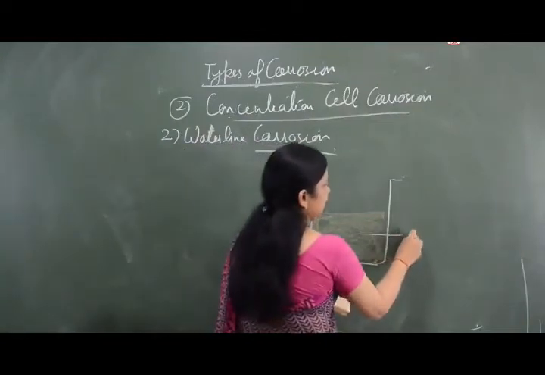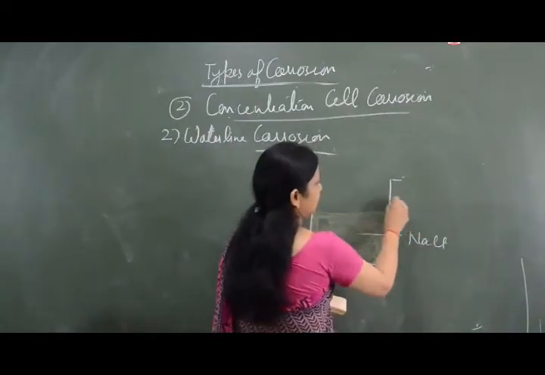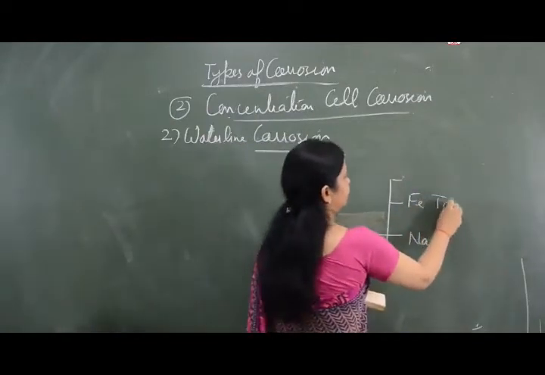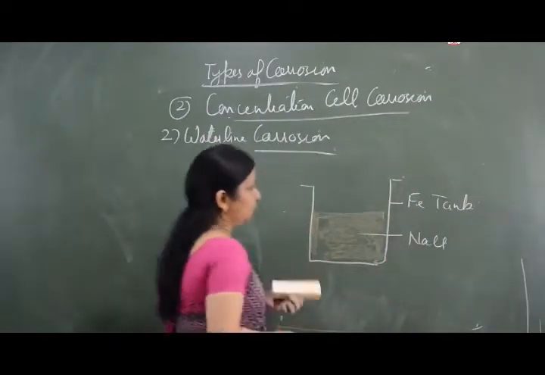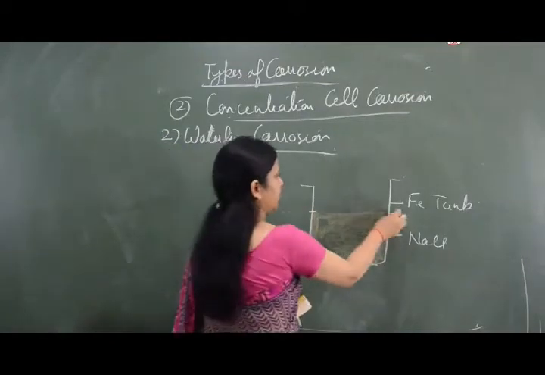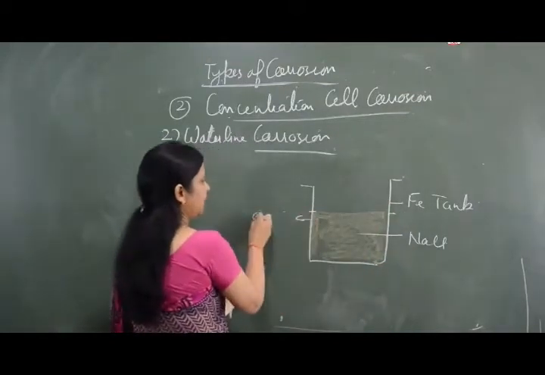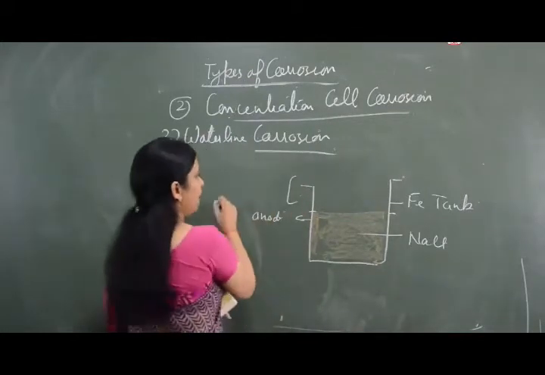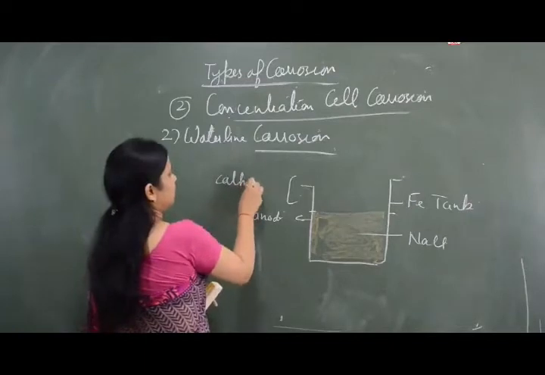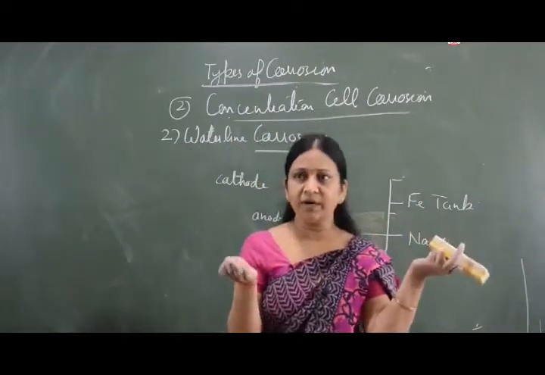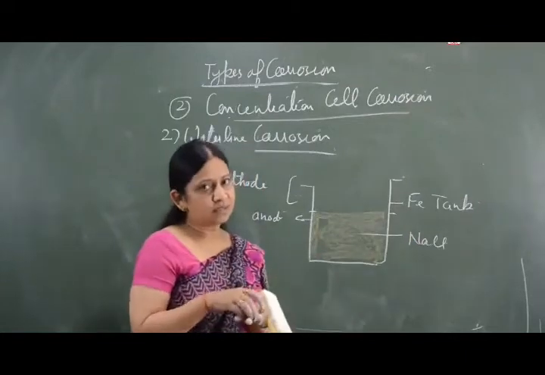So this is electrolyte, suppose NaCl, in an iron tank. The portion of iron which is under the electrolyte, or till here, is going to act as anode, and the portion above the electrolyte is going to act as cathode. And once the cathodic and anodic areas are separated, an electrochemical cell is set up.